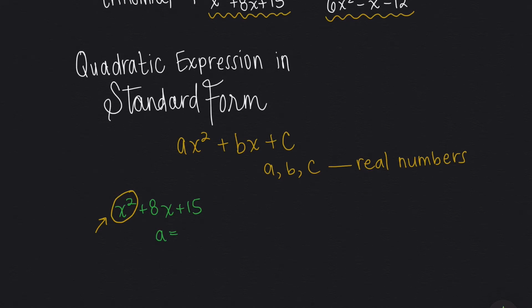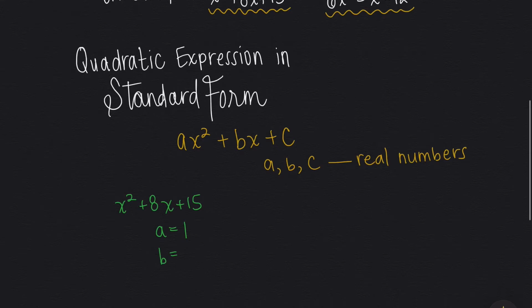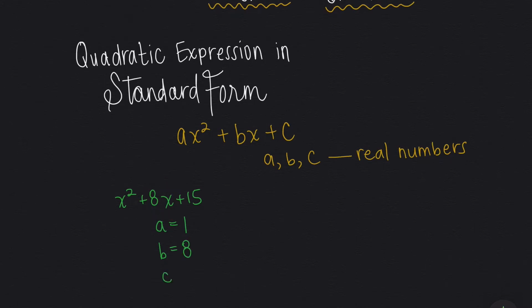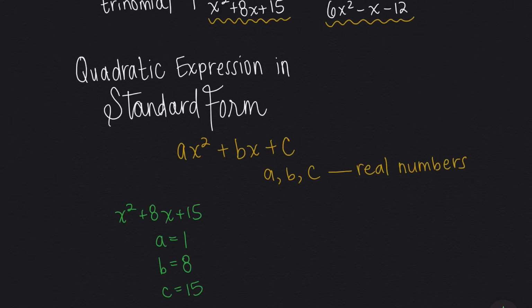So in this case, a is 1. Our b would be the coefficient of the linear term. This time we do see a number, and we can see that our b is 8. Finally, c would be our constant term, and in this case, that would be this number at the end here, which is just 15.